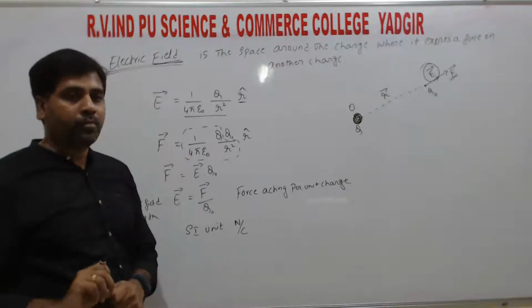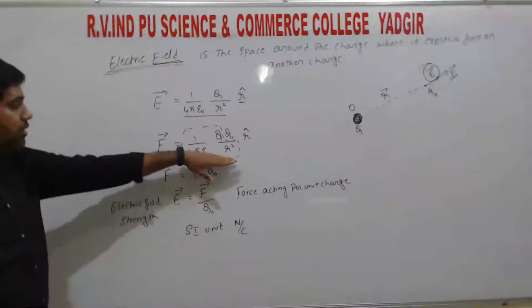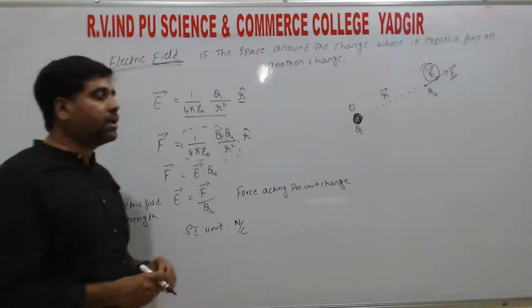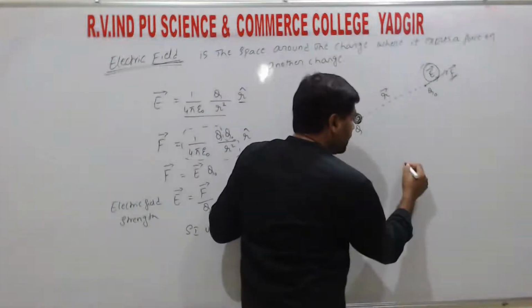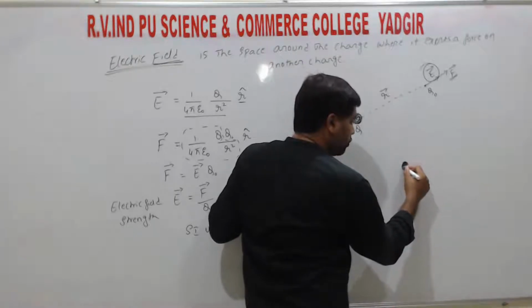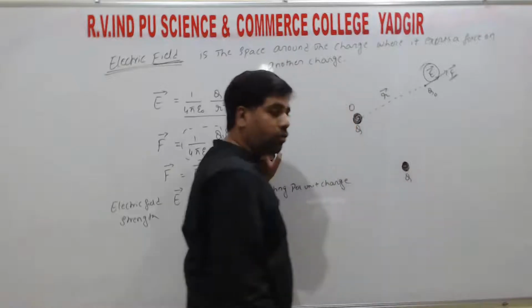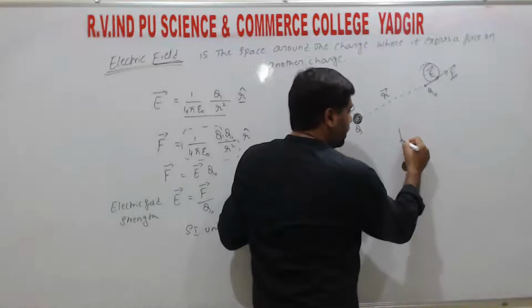Next, as we say, the electric field is a vector. It has magnitude and direction. How do we represent the direction? The electric field at any charge Q, the space surrounded by the field of Q, is represented by the electric field lines.